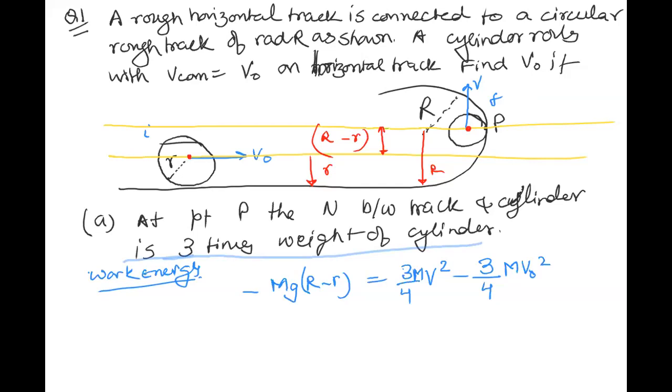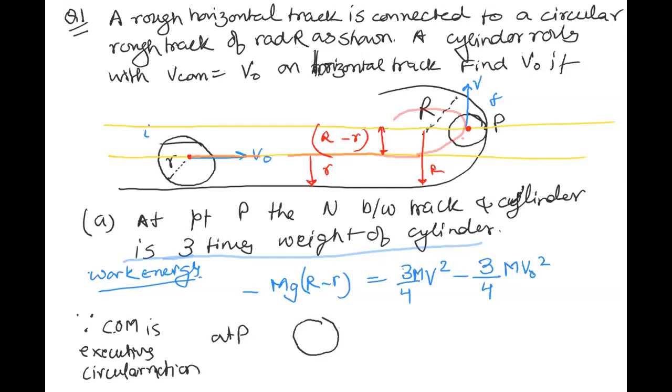Well, here there is no problem, it goes straight. But as soon as it comes here, the center of mass will go around in a circle. So the center of mass is executing circular motion. So at point P, I get normal reaction, mg, and I don't know, there is friction.